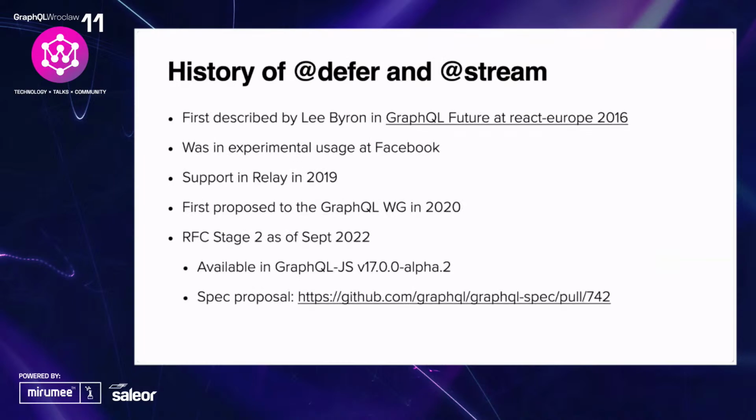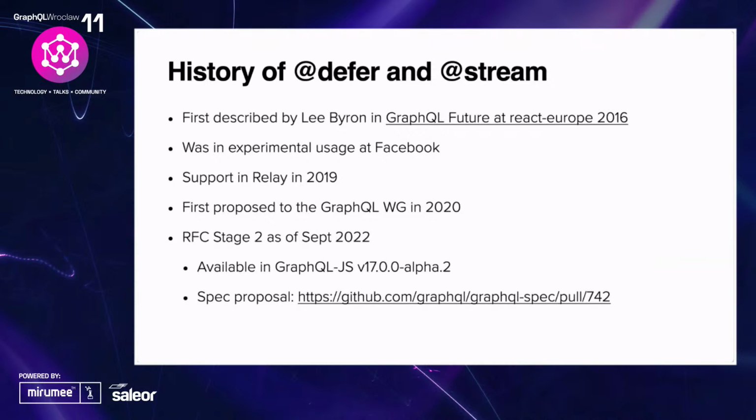So, a quick history of defer and stream. Lee first talked about it in 2016 in a conference talk about a few different ideas for new features for GraphQL, and defer and stream were some of those. When I saw that talk, it immediately got me interested. I saw how it could solve a lot of challenges we were facing at First Dibs, but there wasn't much movement on that idea for a while.